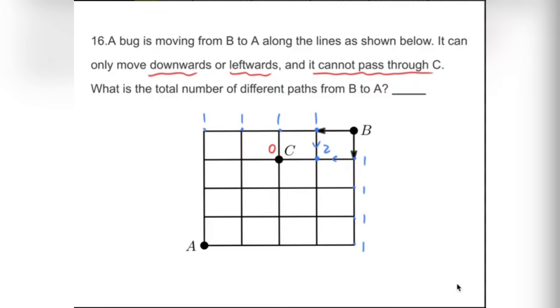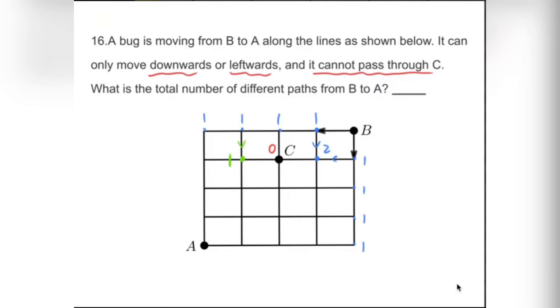Let me change another color. How can you reach the green point? Can you reach it from the right side? Cannot. Why? Because 0, no way. So only one possible way, which means for the green point, only 1.